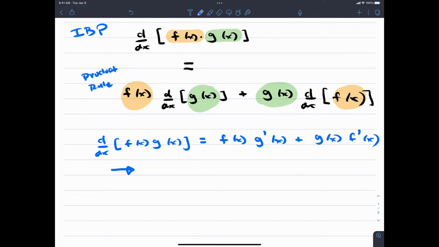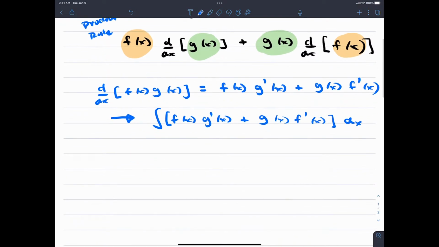This implies that if we integrate the right side, because this is an antiderivative now, well, then that's going to simply be f(x)g(x). You could put that constant, but I'm going to leave it out for now. That's just by definition of what we call the antiderivative, if you remember that from Calculus 1, the antiderivative function.